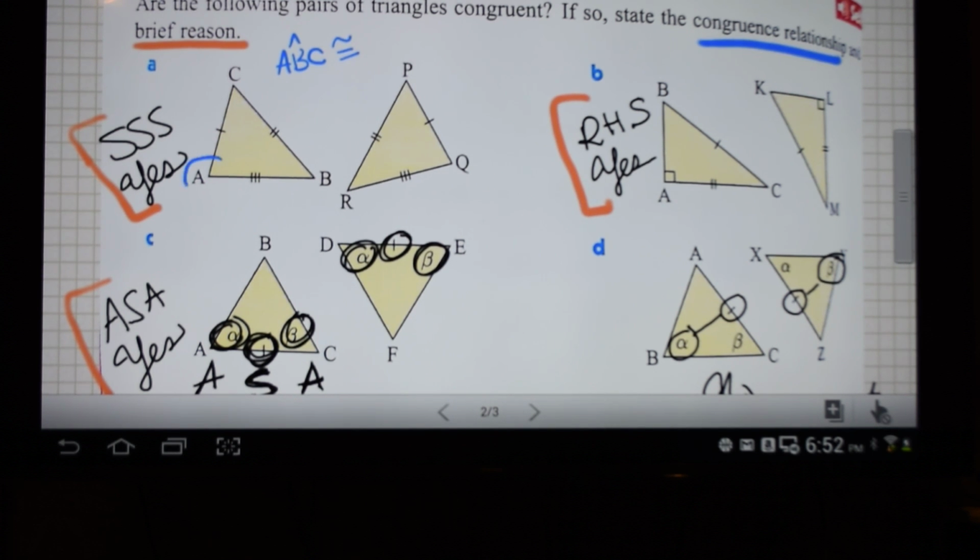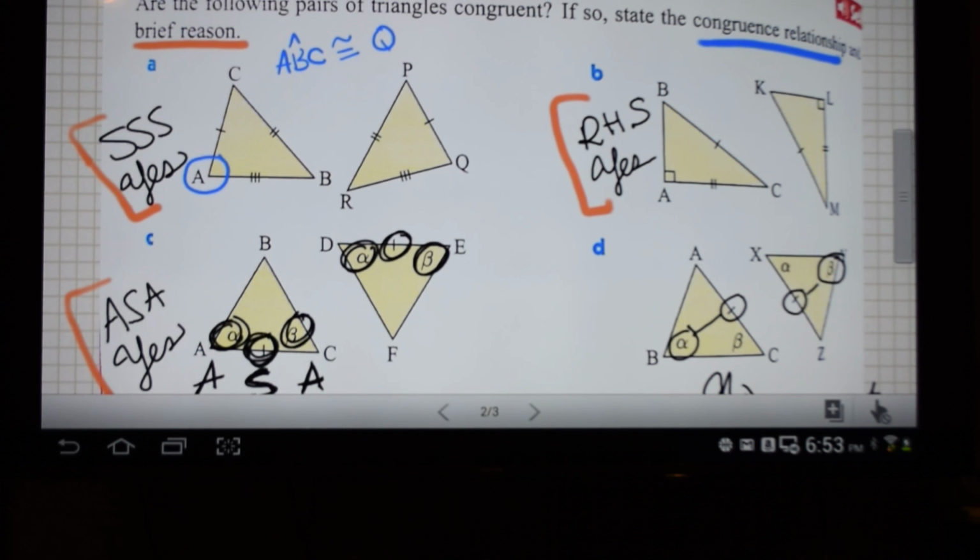Angle A corresponds to what angle in this triangle? Well, you have to figure it out. It's between the 1 and the 3. So it must be Q. So angle A corresponds with angle Q. See, already it's not going to be in alphabetical order.